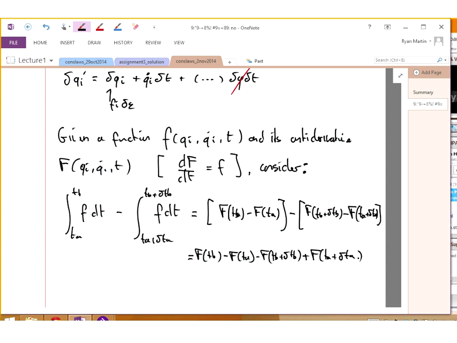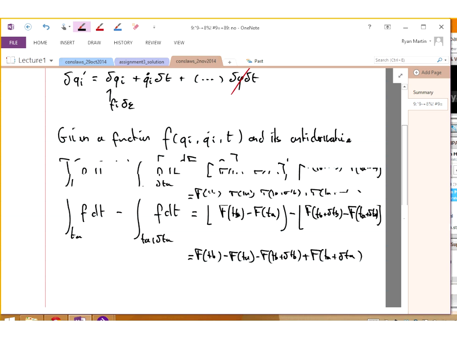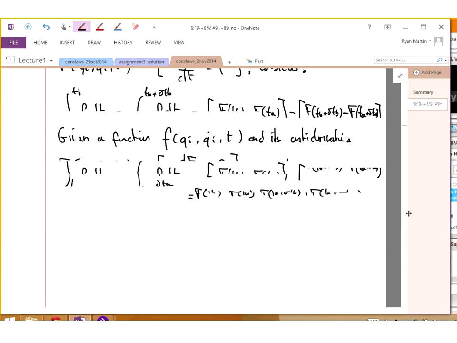It's in the notes that it's flipped. Does that answer your question? I think it'll cancel in the end. Okay. Thanks for pointing that out.